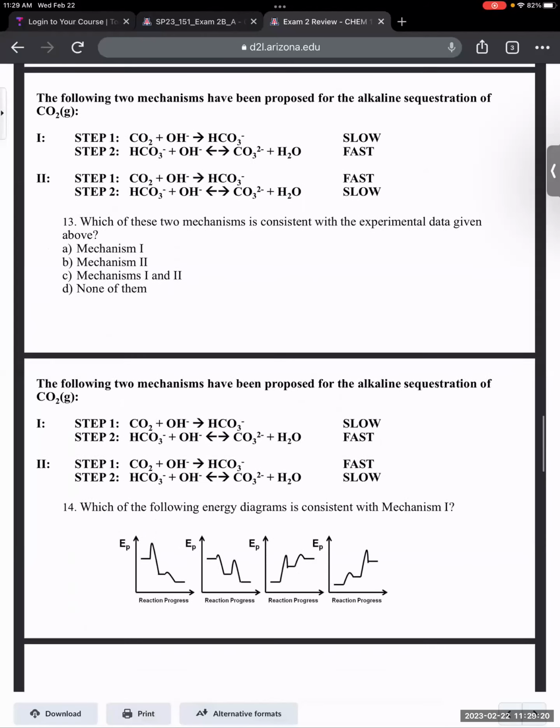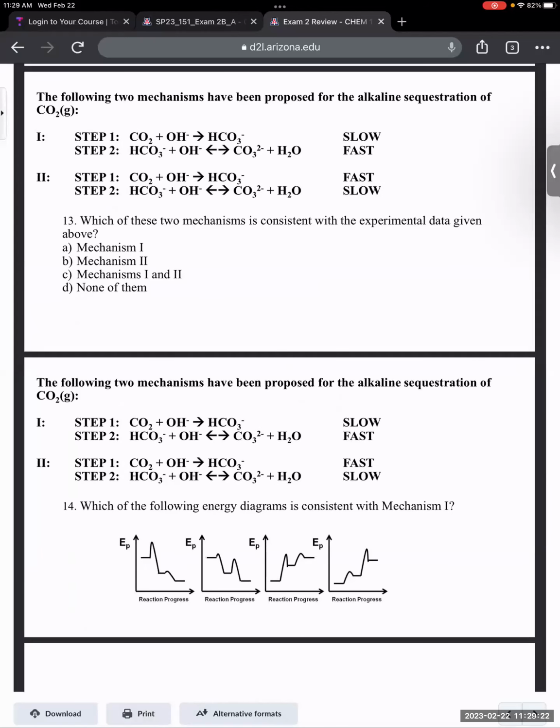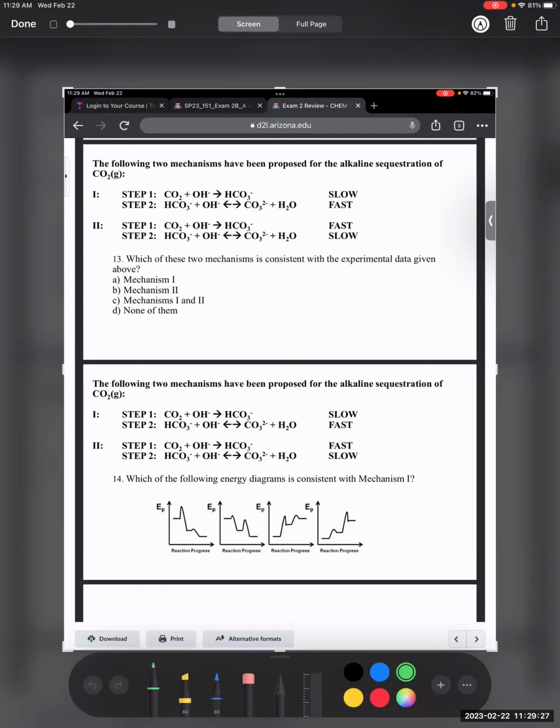Given some mechanisms, and then there are some questions. Let's see. Step 1. Okay, we are given the steps. See which of these two mechanisms is consistent with the experimental data given above. Experimental data revealed that the rate law must be rate constant times CO2 concentration to the power of 1.